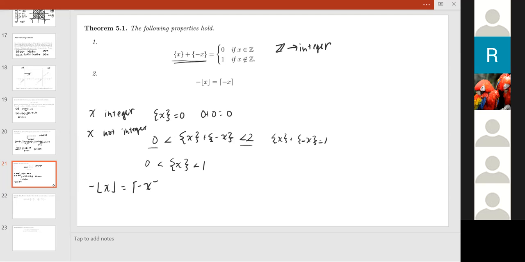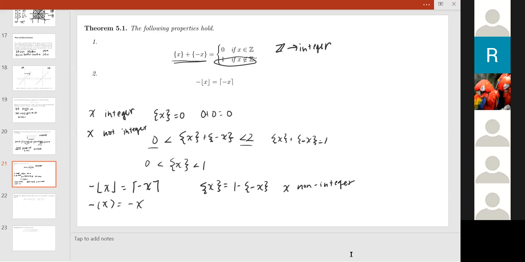Now for the second part of this theorem, we have the negative floor of x is equal to the ceiling of negative x. When x is an integer, this is obvious because the floor and ceiling of an integer is just itself. So you have negative x equal to negative x, which is clearly true. Now we can use the fact that the fractional part of x is equal to 1 minus the fractional part of negative x for x non-integer, which is just this statement.